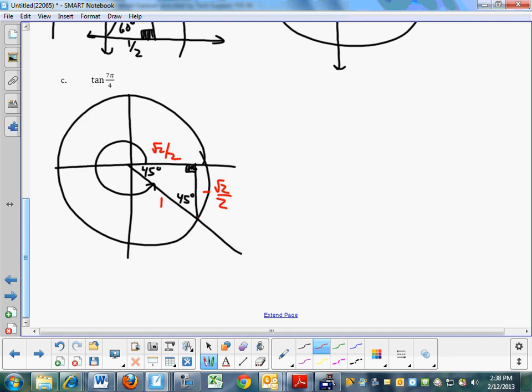So that means this coordinate is positive square root of 2 over 2 and negative square root of 2 over 2. So that is my coordinate. Tangent is equal to y divided by x. If I take y and divide it by x, I get negative 1. Very good.